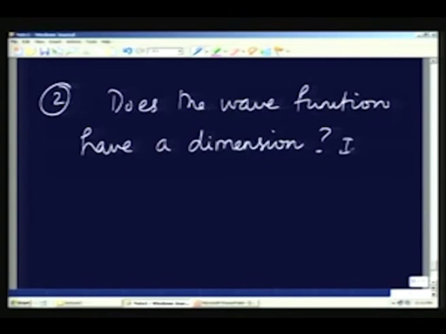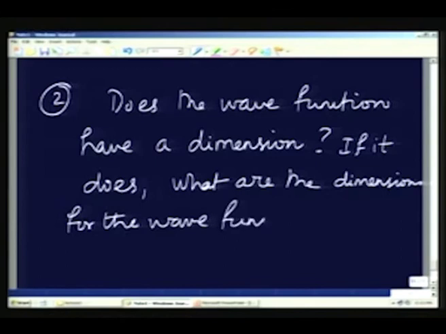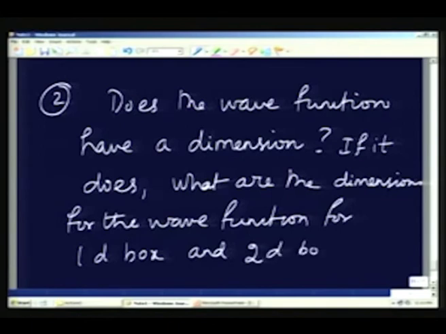If it does, what are the dimensions for the wave function for 1D box and 2D box problems?